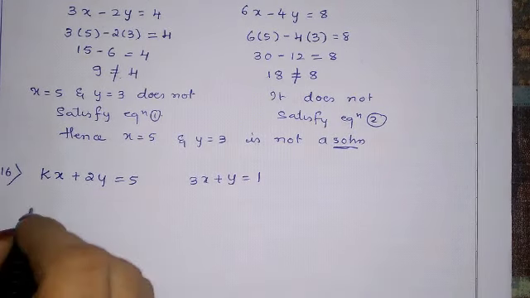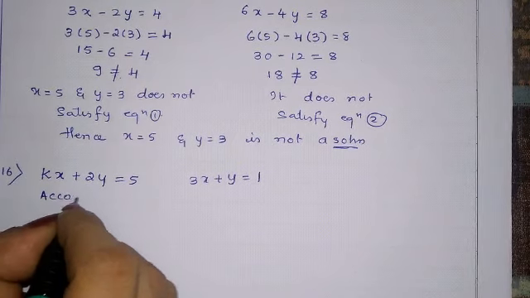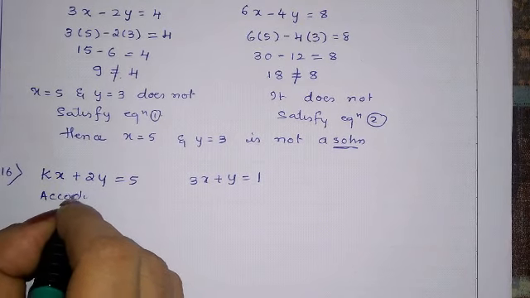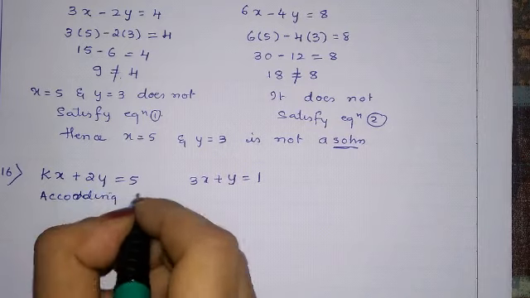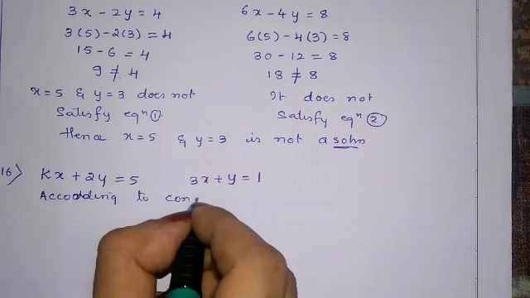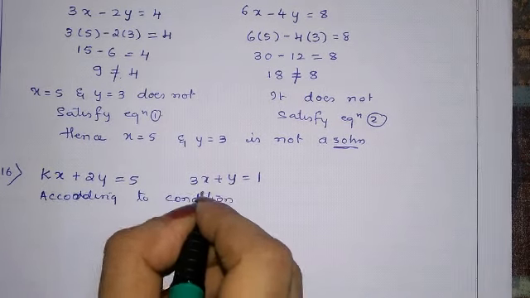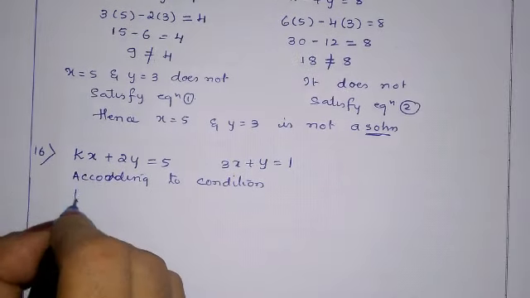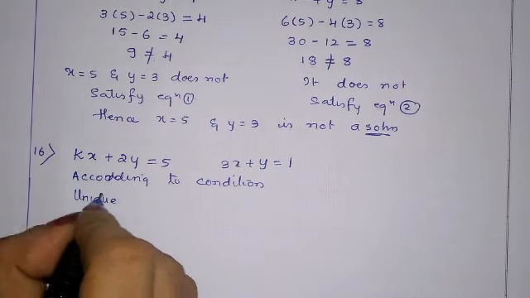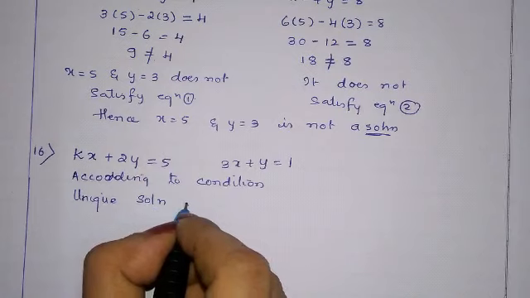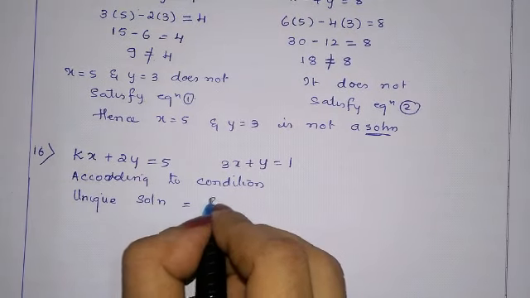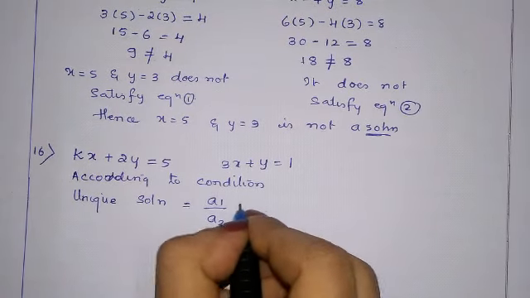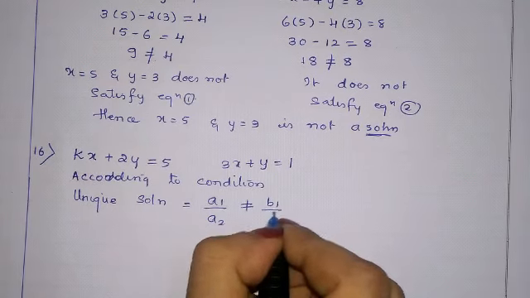According to the condition, unique solution is a1 upon a2 is not equal to b1 upon b2.